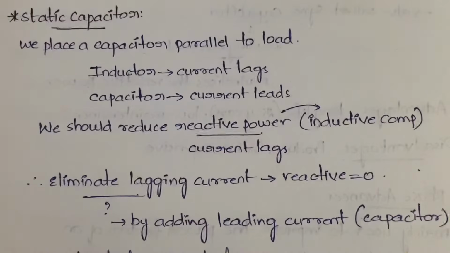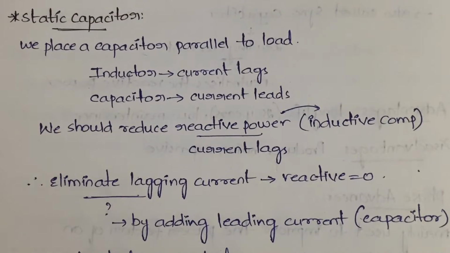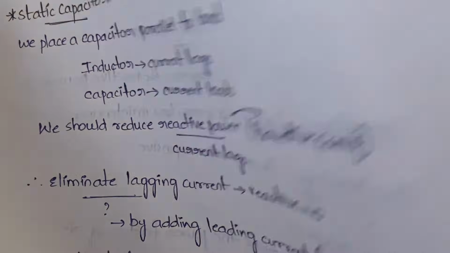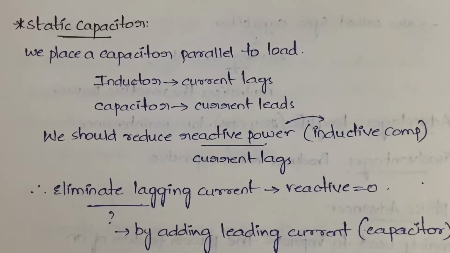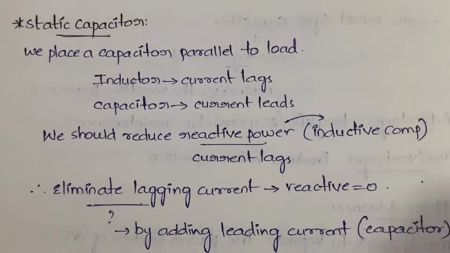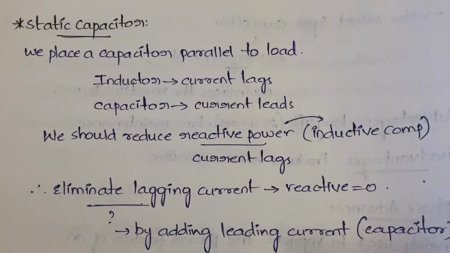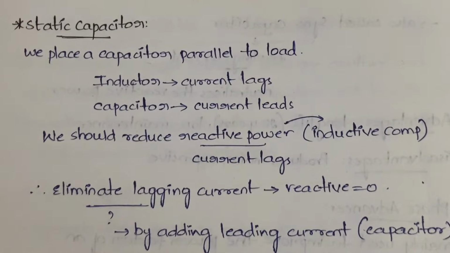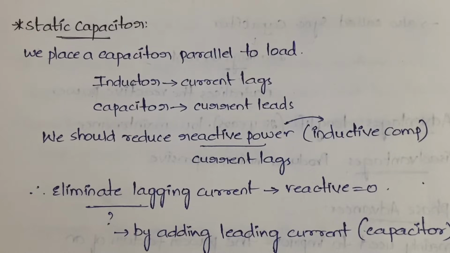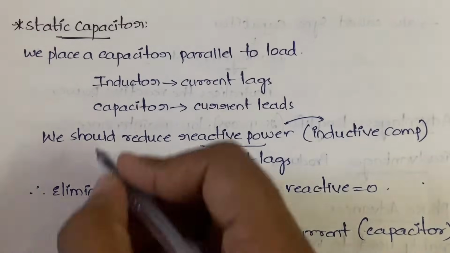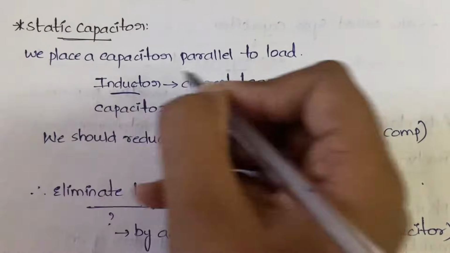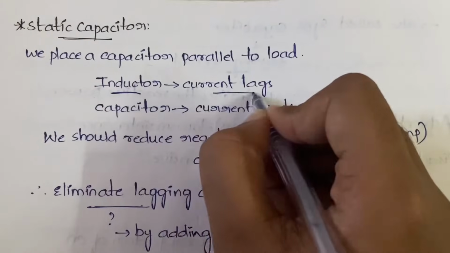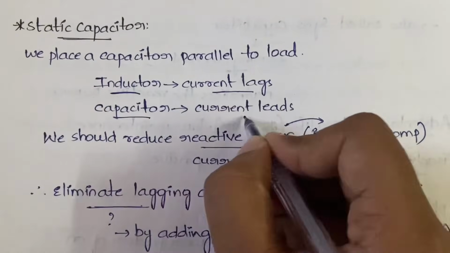So first is by using the static capacitor. You will have the load, right? You will be placing a capacitor in parallel to that load. Before that, you need to understand one simple concept, which is the inductor. In an inductor, current will lag. In a capacitor, current will lead.